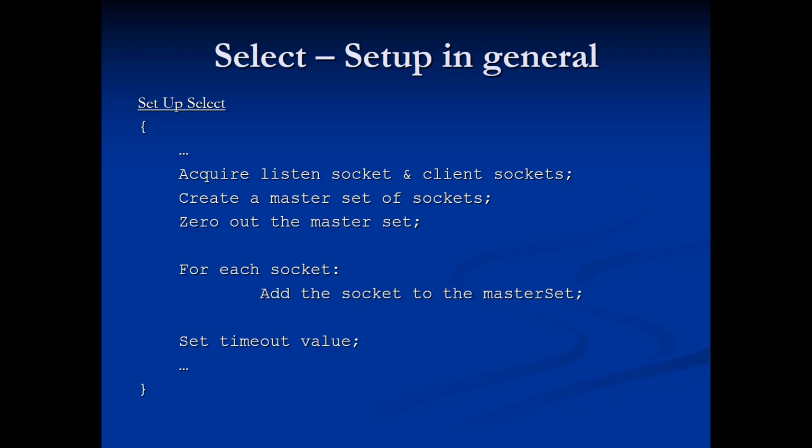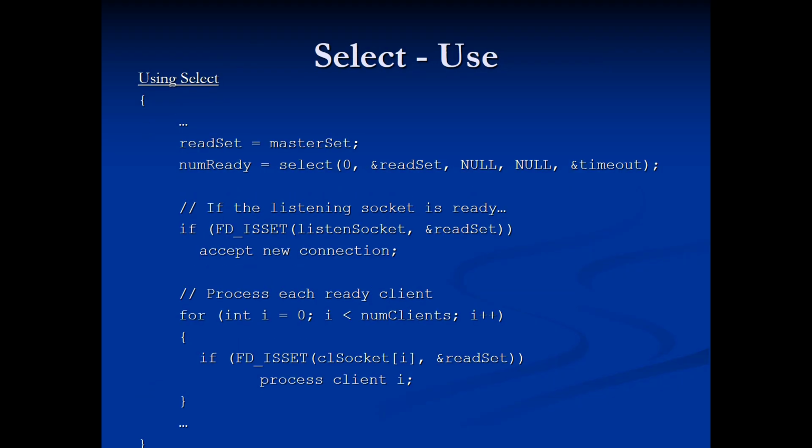During the run of the server side, if a client calls connect and it finishes the three-way handshake and you want to accept that client into your server, then you want to add that socket to the master set. Additionally, you could also set a timeout value. You don't have to, but you can if you want to.